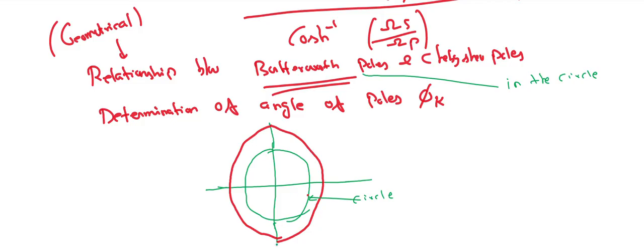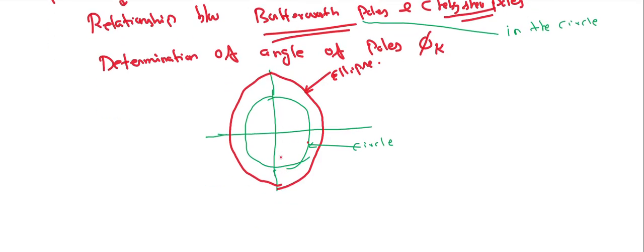This is the geometrical relationship between the Butterworth poles and Chebyshev poles. So once the Butterworth poles are known, you can translate them into the Chebyshev poles.